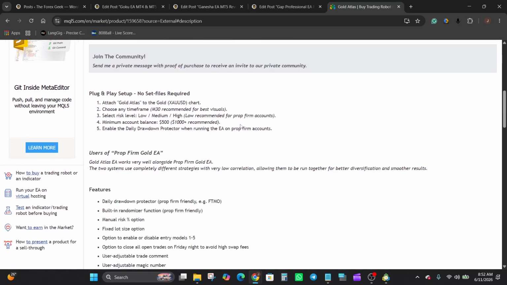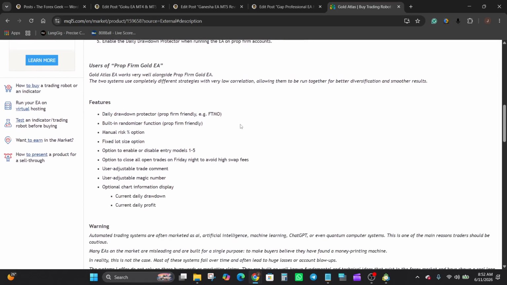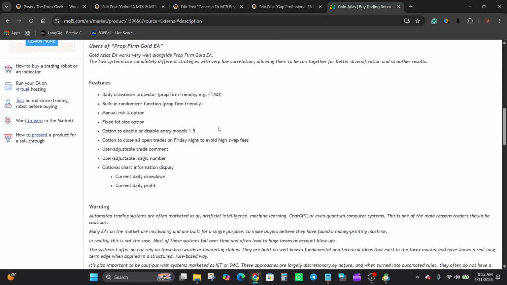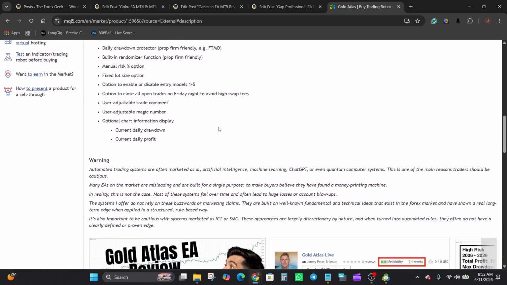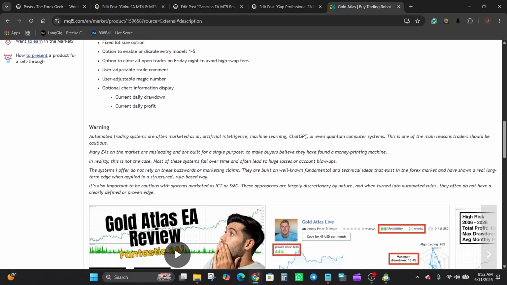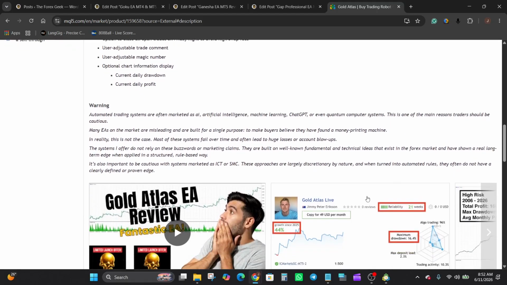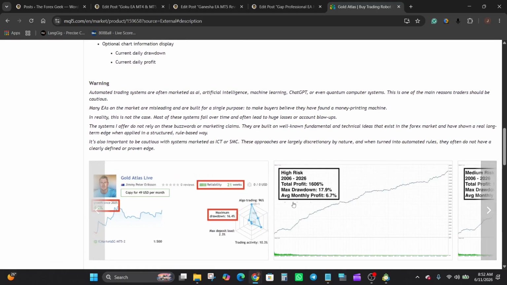Now, moving into the usage instructions, it is designed specifically for gold, and the developer suggests using an M30 time frame for better visual structure, although it's not limited strictly to one time frame. At this point, I'll switch over to look at any testing or historical performance context available.